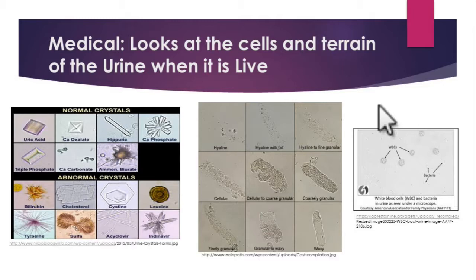The urine is sent to a lab and the lab does a dipstick on it to analyze the pH of your urine, any presence or absence of cells such as red blood cells or white blood cells, among other things. If it's deemed abnormal, then the medical laboratory technologist actually looks at the urine in the microscope live.